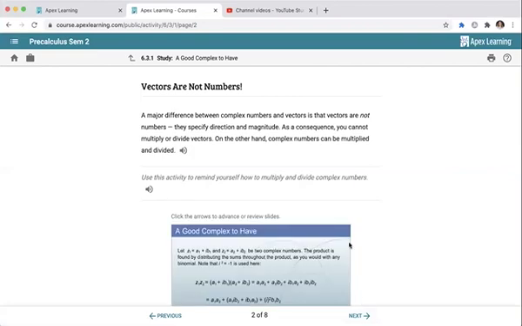So it's important to know that vectors are not numbers, okay? So yes, they utilize numbers, but vectors are a representation of direction and magnitude, okay? So as a consequence, we cannot multiply or divide vectors, all right?